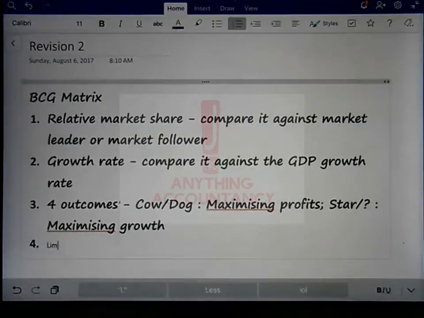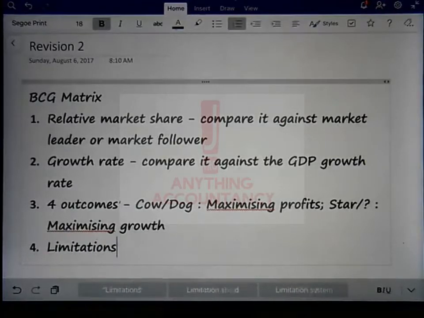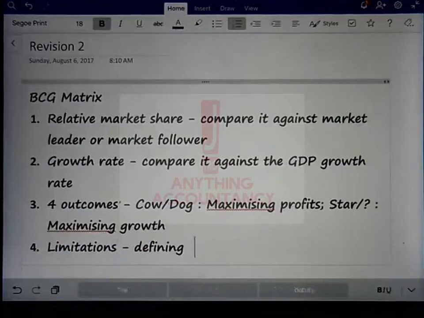And there are limitations. Remember, there are limitations in using your BCG matrix. What's the limitation? You know the limitations of BCG? The first limitation of BCG would be? Anybody knows? Defining the market.